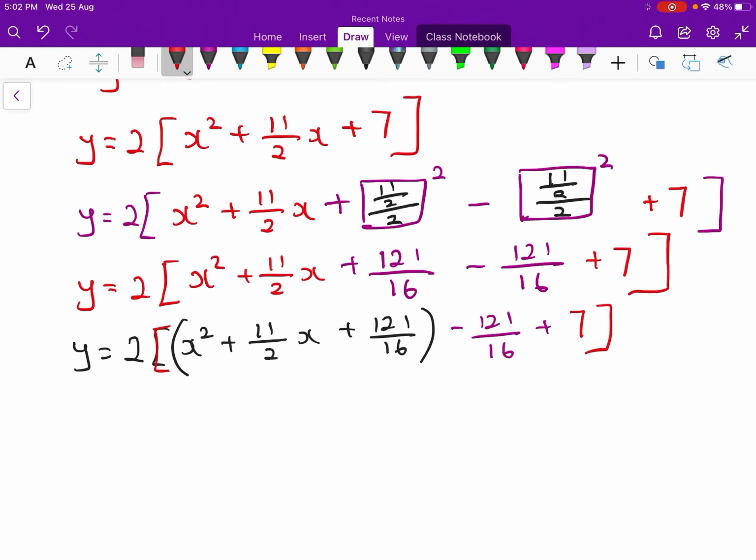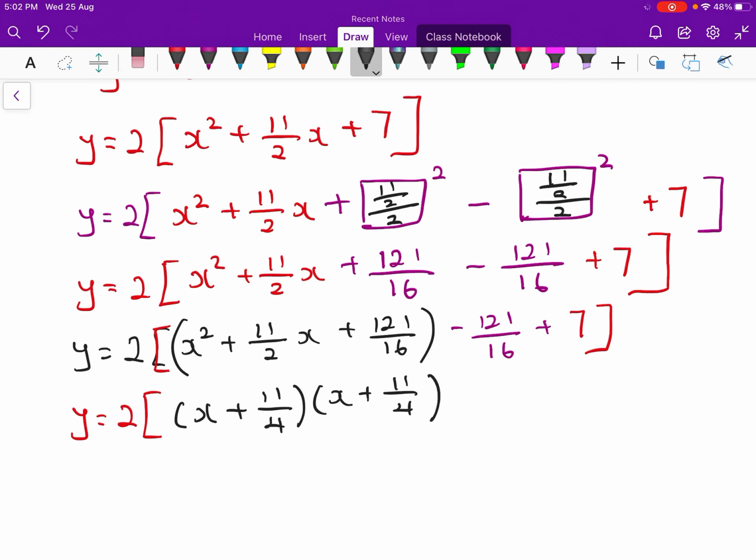Okay, so now let's continue with our completing the square. 2, put a square bracket. Whatever is inside this round bracket, you just factorize accordingly: x plus 11 over 4 bracket, x plus 11 over 4 bracket. Whatever is outside this round bracket is just minus 9 over 16.